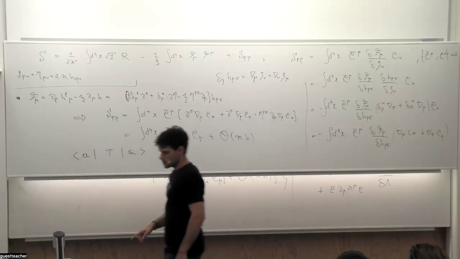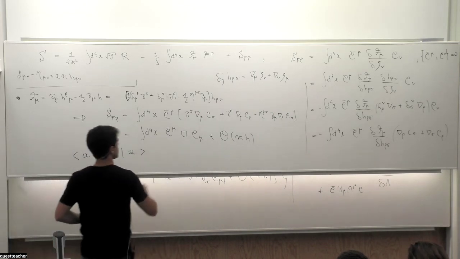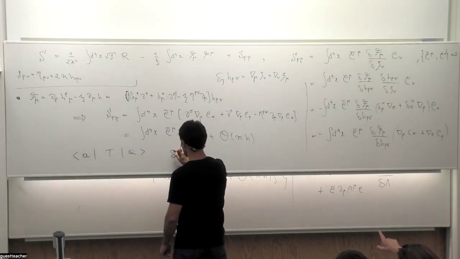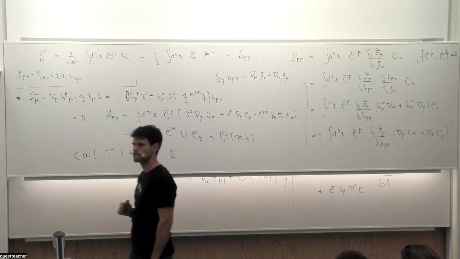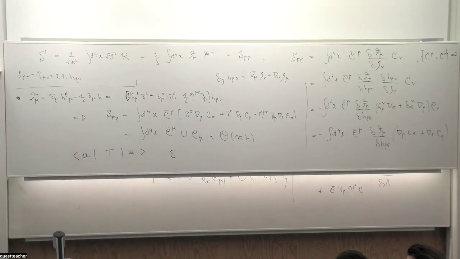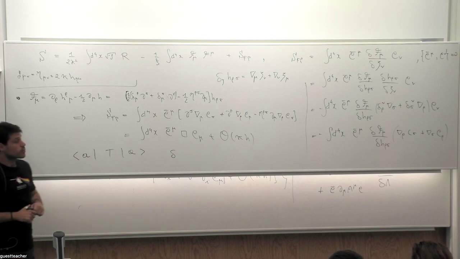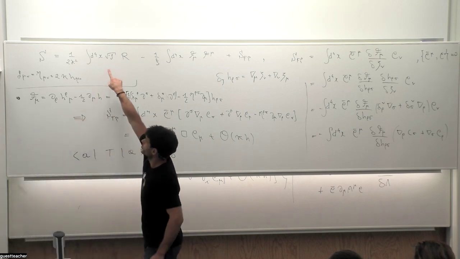So let me write it maybe more explicitly. This one, yeah. If you are working with the theory around flat spacetime, then your gauge invariance is not that. But you see, you have the full action, right?